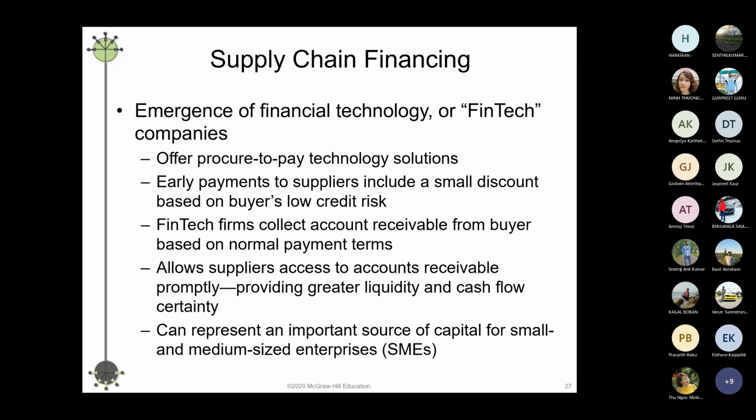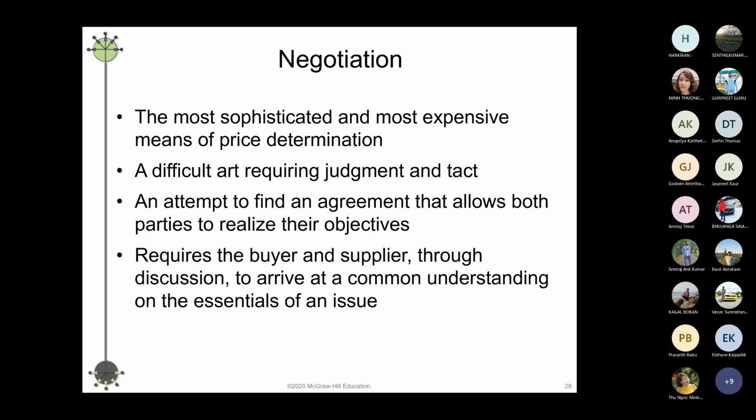We discussed fintech in detail: what is the value of fintech companies, how can they help companies, are they good for large companies or small and medium-sized companies, and how do they work. So this is also a very interesting topic.